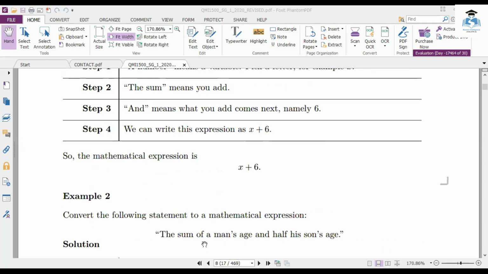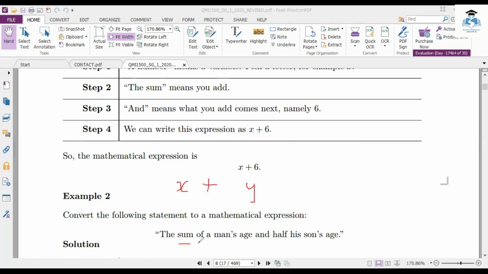Here it says the sum of a man's age and half his son's age. So we say let the man's age be, let's say, x, right? And let the son's age be y. Now the sum means we are going to add.